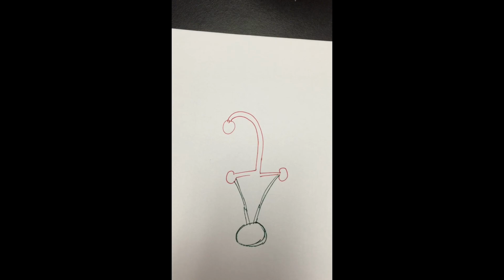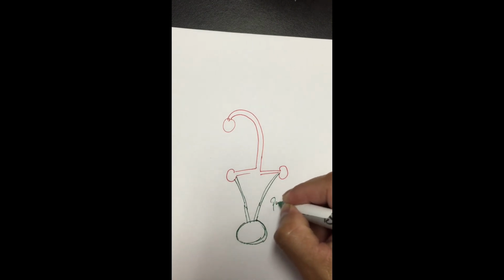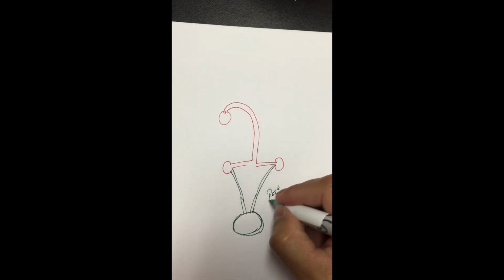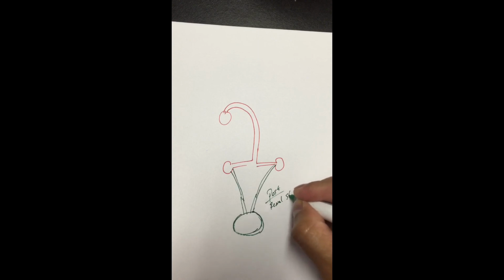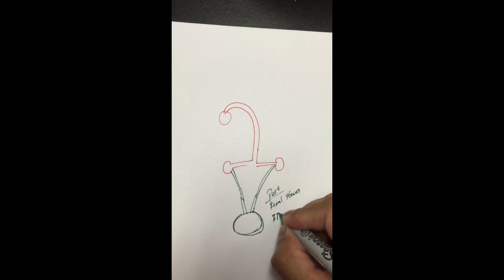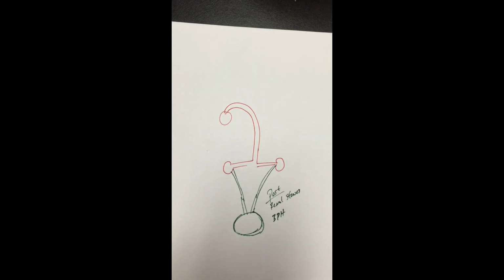So in post-renal failure, we worry about a couple of things. Number one, renal calculi, or renal stones, kidney stones. Number two, in men, BPH, benign prostatic hypertrophy.